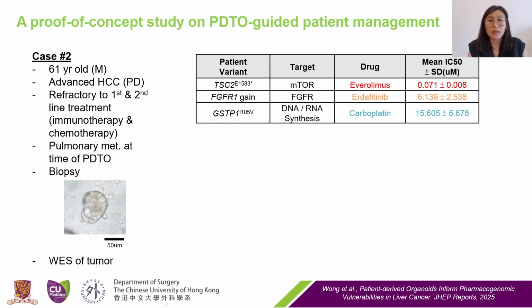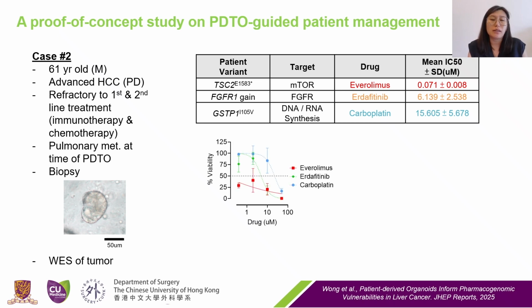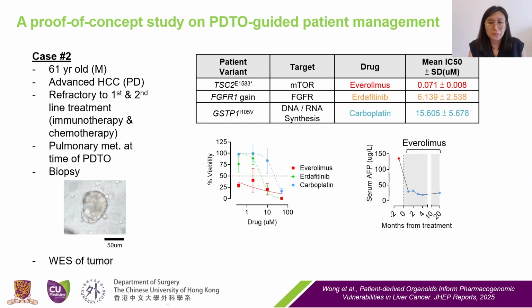So indeed, this patient did receive everolimus as part of his treatment. He did show partial response. Unfortunately, we didn't have the scan because he received the treatment overseas, but he did follow up with us and kindly shared his pathology, and he continues to be well, at least 2 years into his treatment.